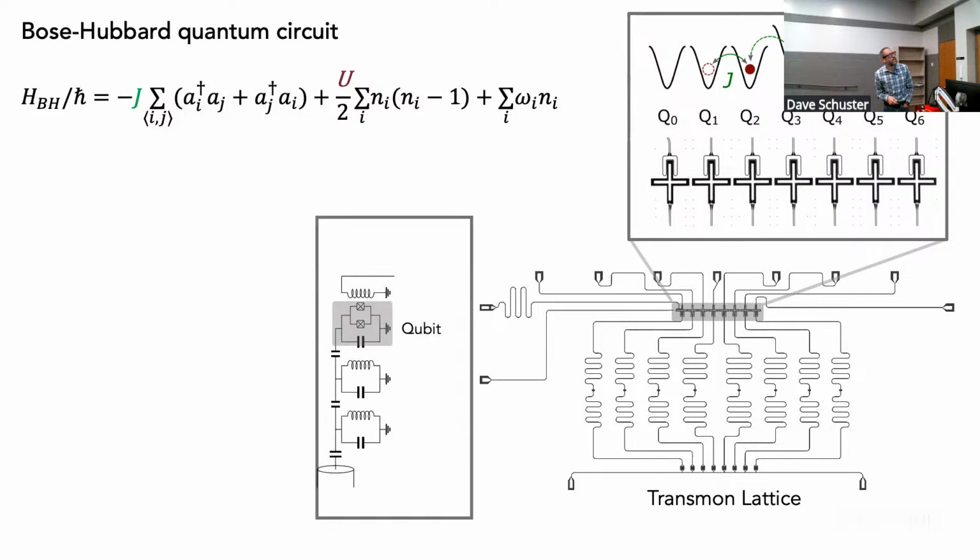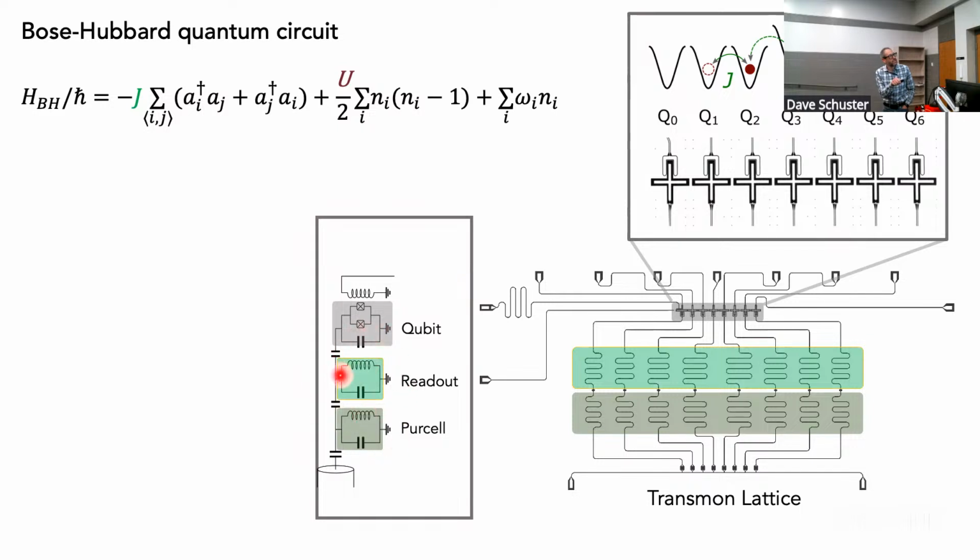So this is what our sample actually looks like. We have our qubits, which I've shown pretty pictures of a couple times already, and that's our circuit diagram. Then to read it out, we have just a harmonic oscillator. Each qubit has its own separate readout, so we can read out each one independently, and in principle simultaneously.